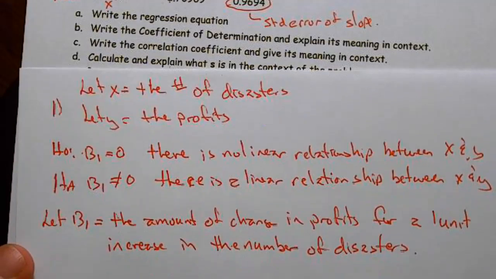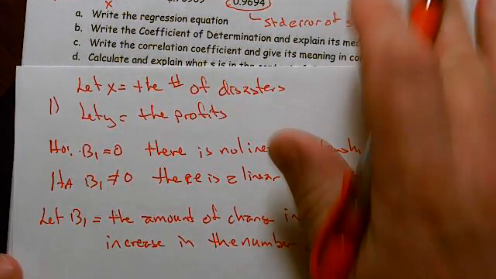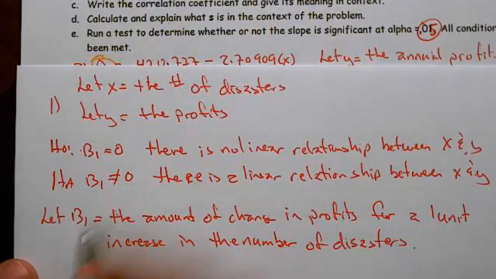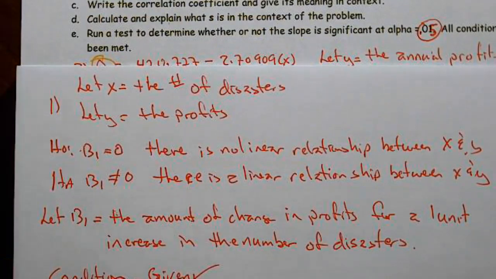All right. So beta 1 is the amount of change in profits for a 1 unit increase in the number of disasters. The next thing we need to do is conditions, and they're given. Conditions given. We can check that off. All right. After we've done that, we need to write down our equation, which is T equals B over SB.